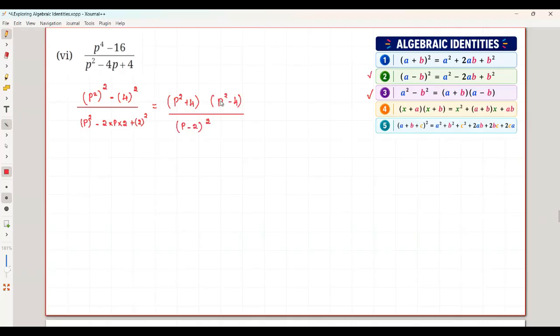Now again, see the numerator: a square plus b square. We don't have the identity for a square plus b square, we cannot write it.